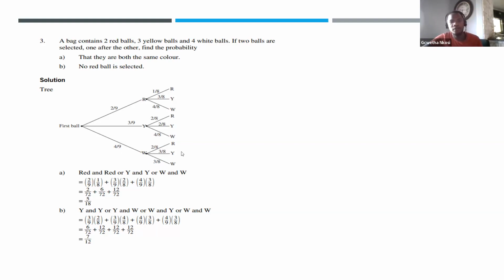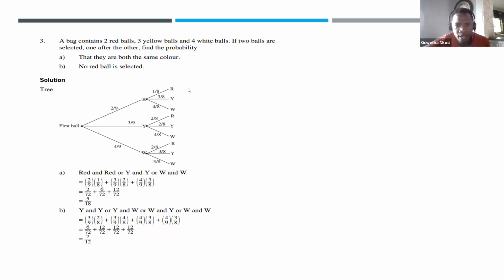So now you come to "both are the same color", that both balls are the same color. So if both balls are the same color, if we check here, the colors should be red, red, red, yellow, red, white.